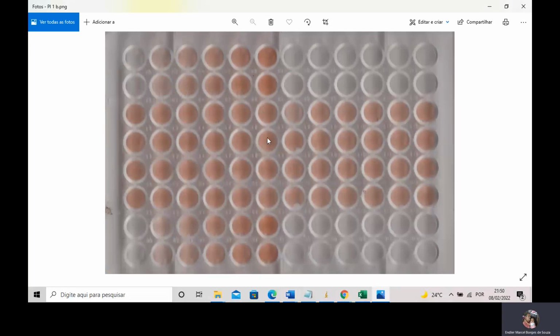In here, we are showing the image obtained with the cyanate assay. As we talk about in the manuscript, iron 3 reacts with cyanate to provide a blood red complex. We have analyzed two iron supplements.